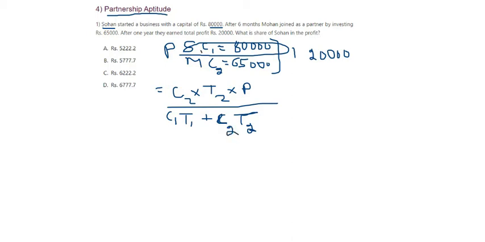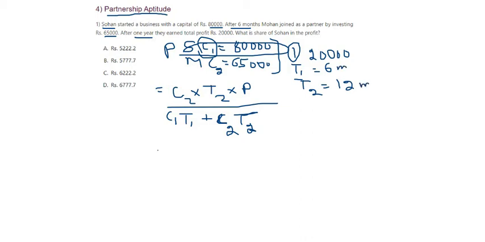Now here C1 is 80,000 and C2 is 65,000. T1 is the time, which is 6 months, so T1 is equal to 6, and T2 is equal to 12, because 1 year makes 12 months. Am I correct?